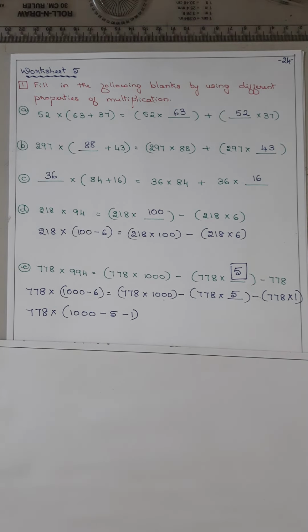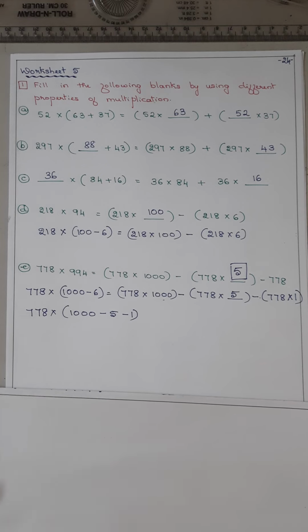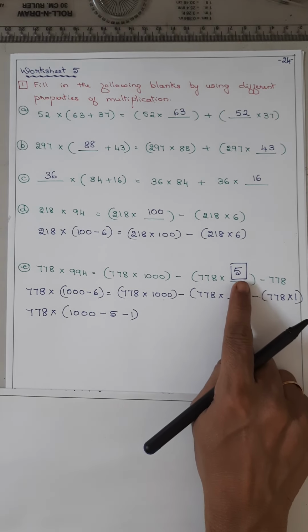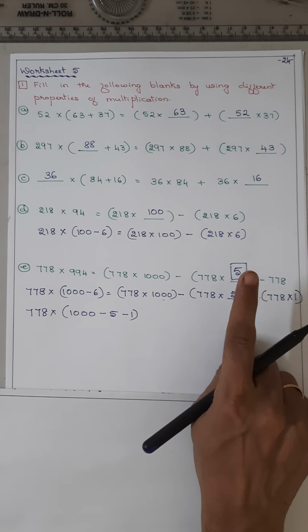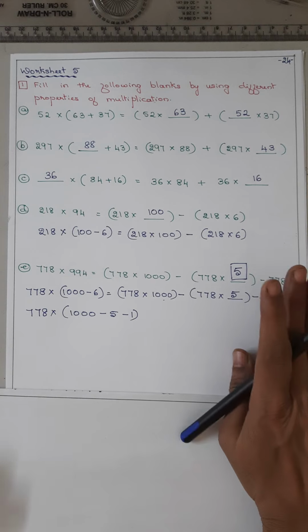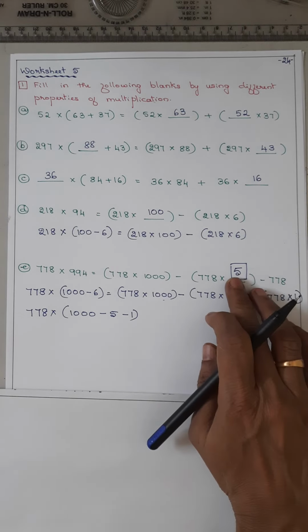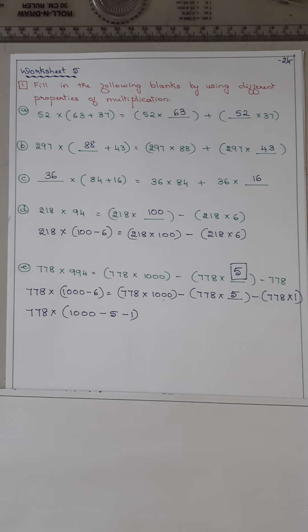Okay? Hope everyone understood. The question number E. Why we are putting 5? You have to remember. Otherwise, if it were not there, it would have been 6. But minus 778 is there. That is why here we have to put one number less.